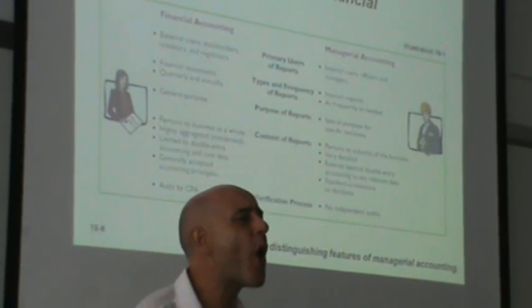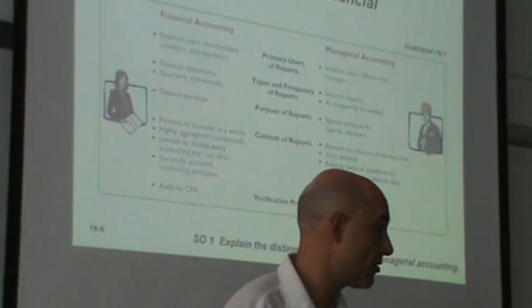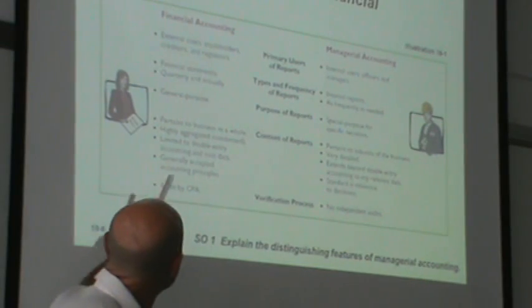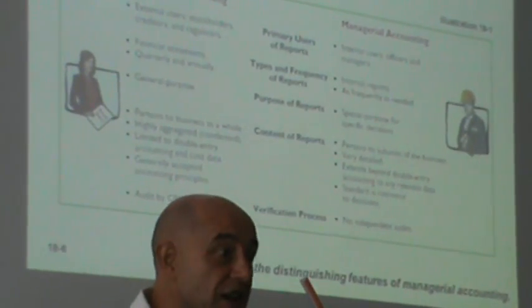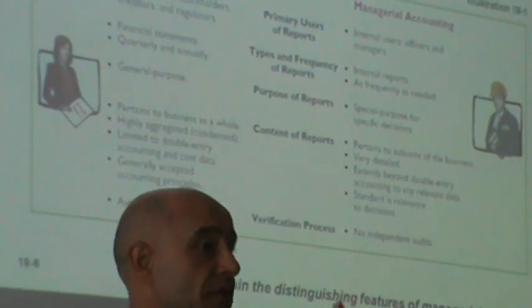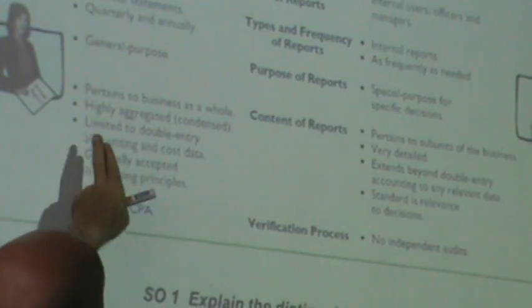Financial accounting is almost the same, almost everywhere in the world. Okay? So, it is highly aggregated. In just one page, you got a lot of information. So, it is highly condensed and highly aggregated. And it's also mostly double entry.